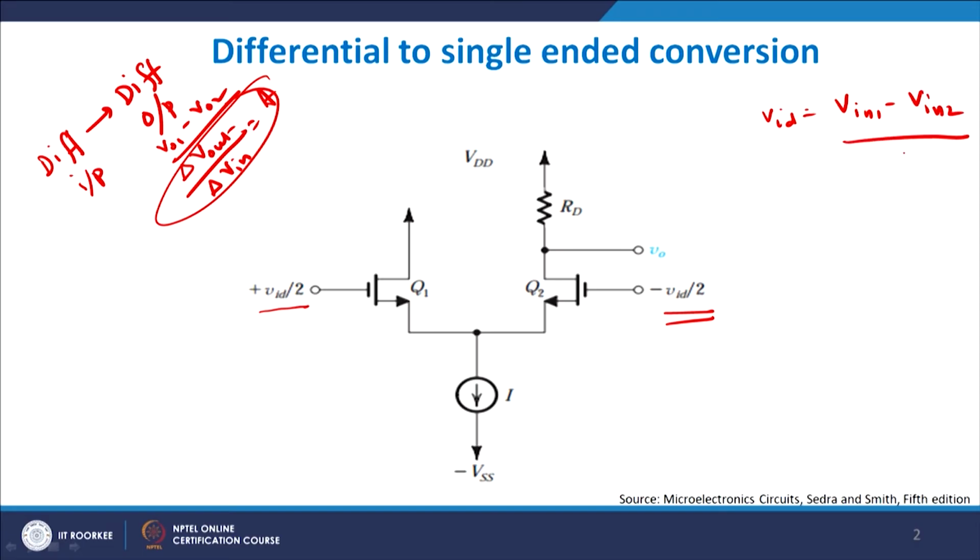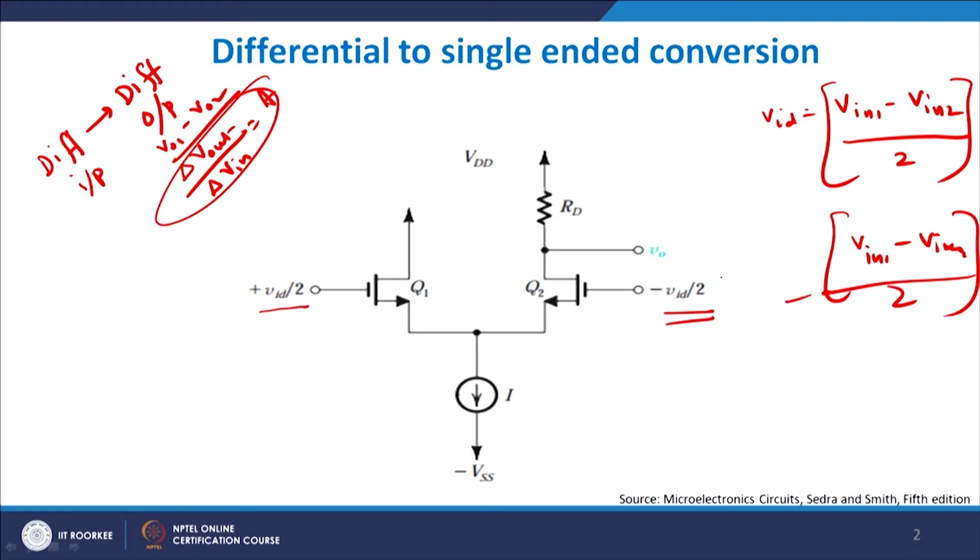So it is this by 2 on this side, and then you apply V in 1 minus V in 2 by 2 with a negative sign on this side, perfectly differential signals, assuming this to be of infinitely high impedance. Then we find the output at this particular point V0, which is a straightforward way of converting from a differential to a single-ended output.